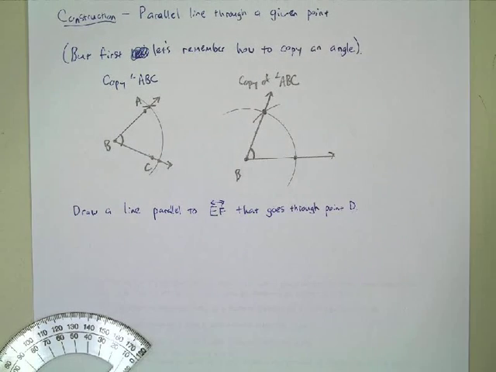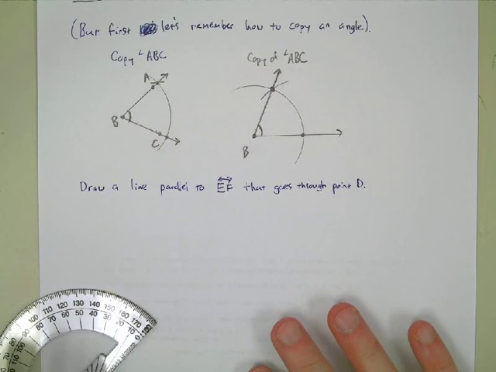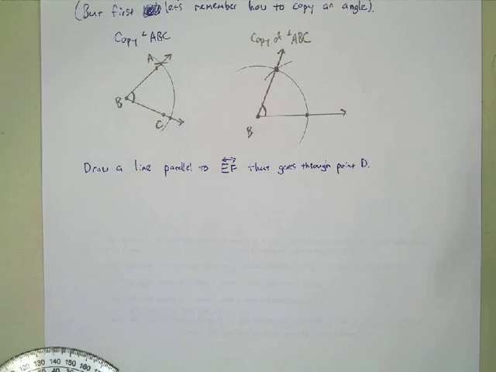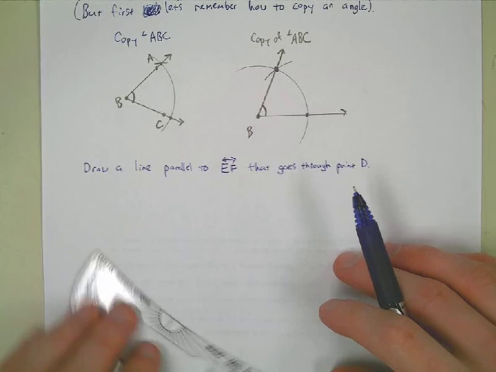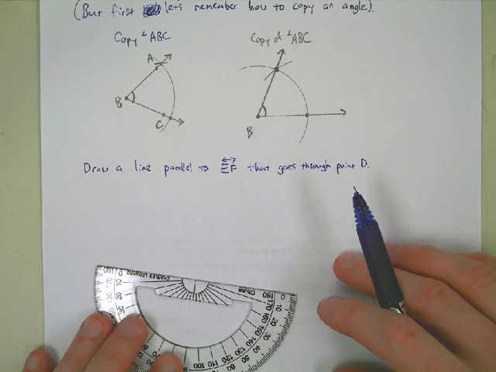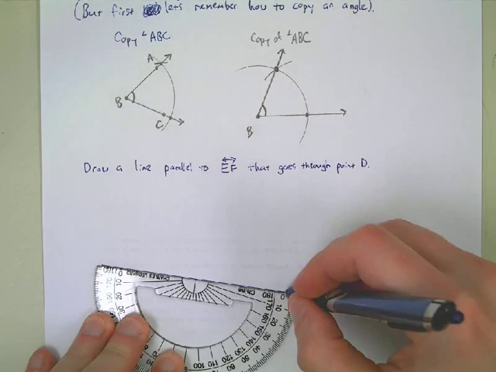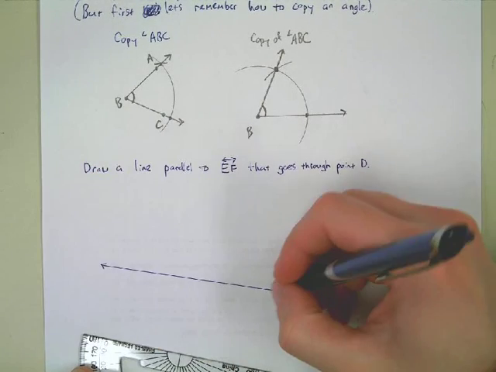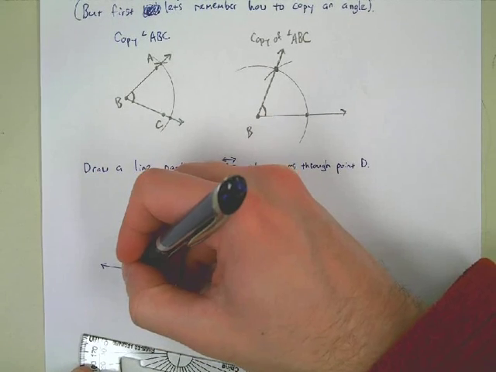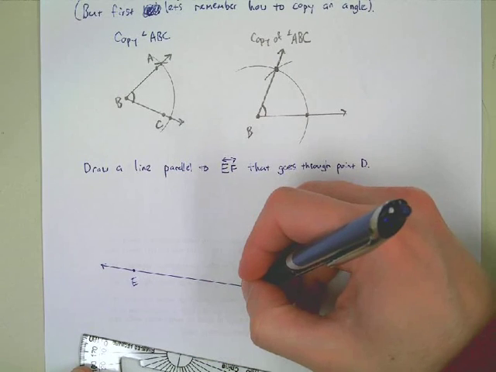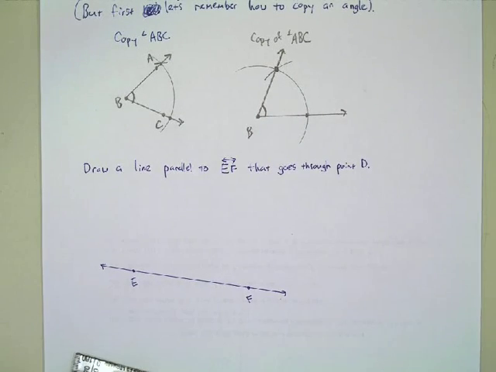So let's do that. I'm just going to draw a nice straight line. I'll call it E, F. And I'll put point D kind of above it, like maybe right there.